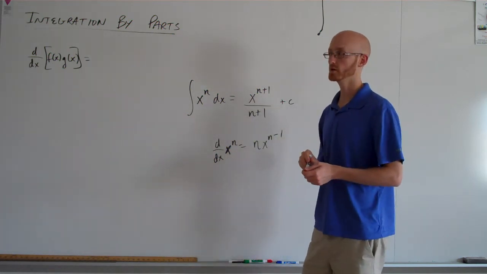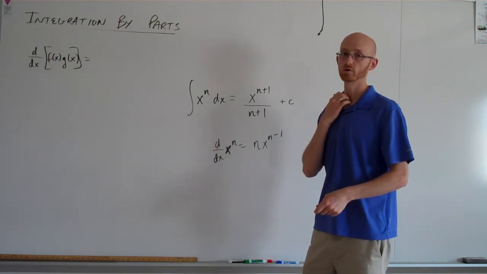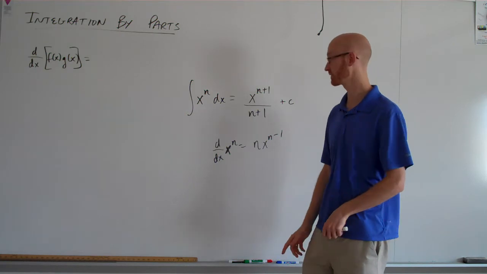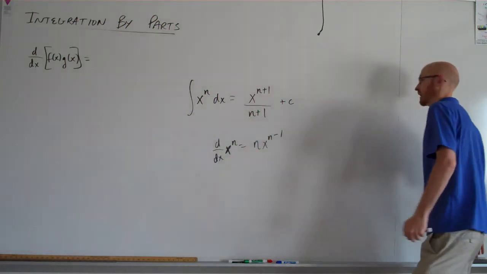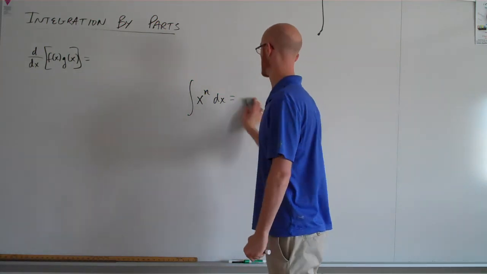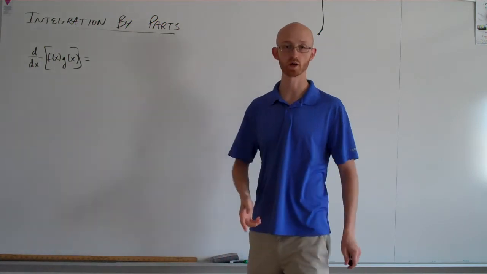So basically every differentiation rule we've learned, you can reverse and write some sort of integration rule to account for that. So we've done things like the power rule, which I just did here. We reversed the chain rule via u substitution. And now what we're actually going to do is we're going to reverse the product rule.